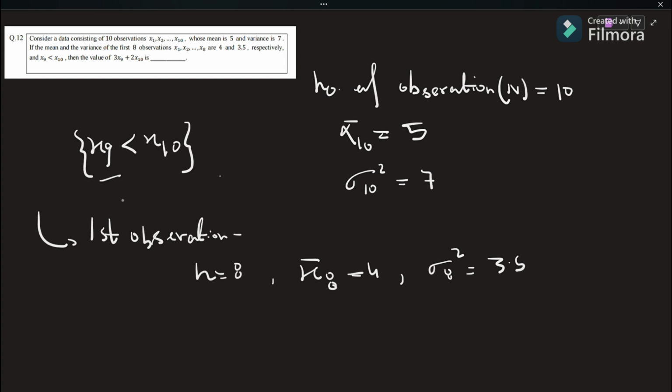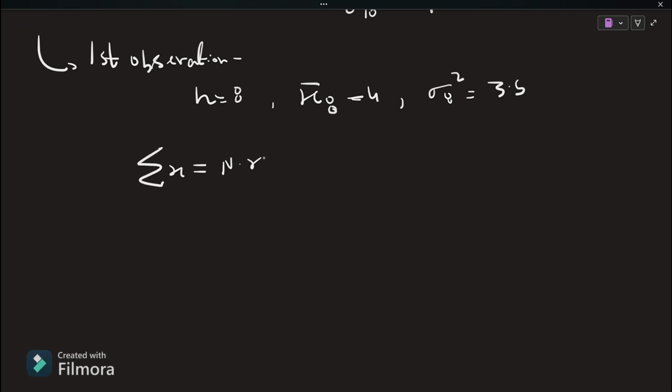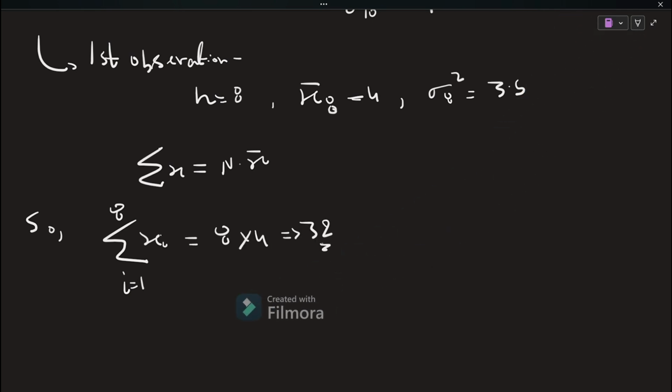Now, we know the formula: summation of x equals n into x bar. So summation of x for 8 observations is 8 into 4, which is 32.